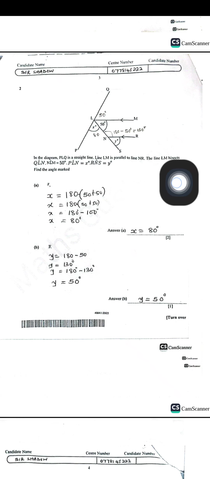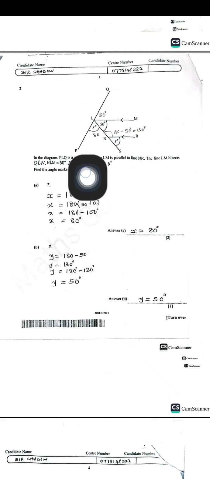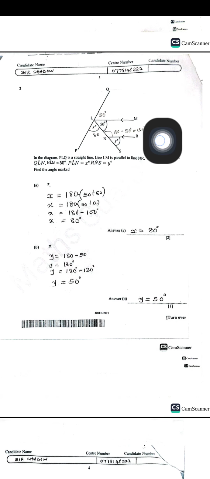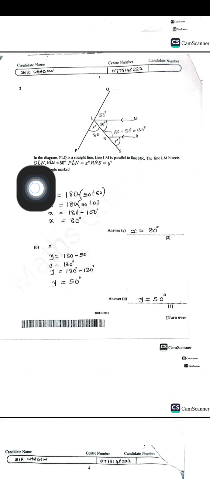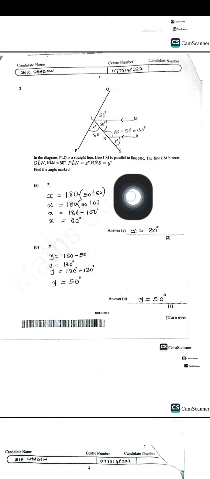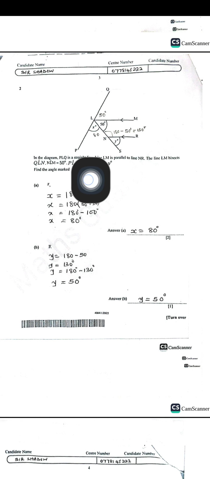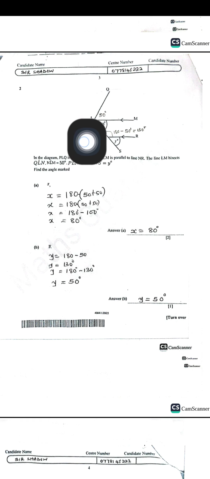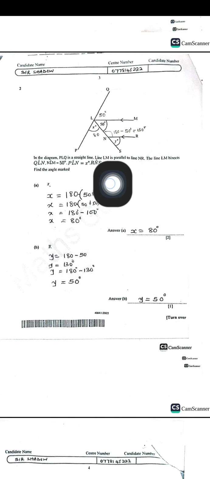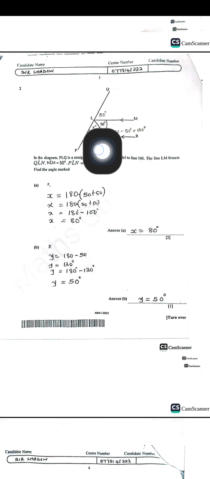The line LM bisects QLN, right? Therefore, NLM is equal to 50 degrees. N is right here, LM, which is 50 degrees right here.